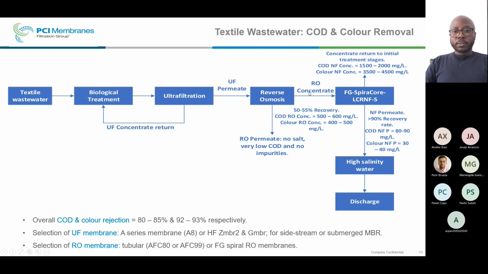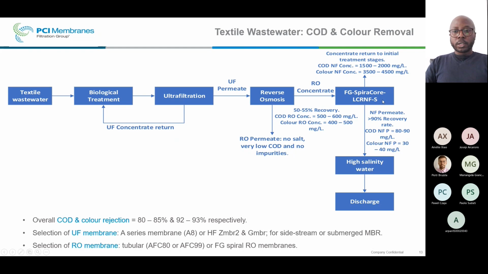Therefore, the concentrate itself could then be reprocessed with another membrane system, in this case using a spiral membrane, so a FG spiral core LCR NF, which is a nanofiltration membrane, which is further used to process the concentrate deriving from the reverse osmosis.